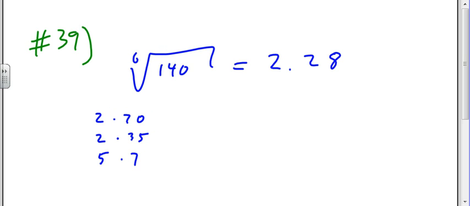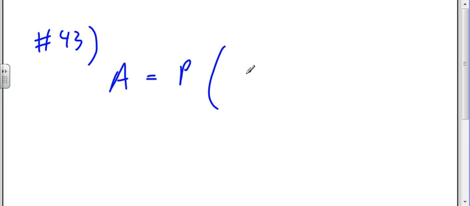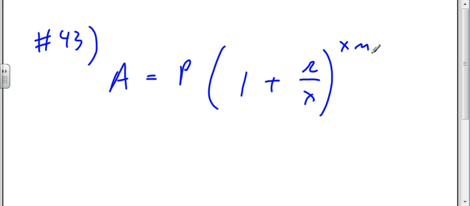Right. Number 43. We have a formula for compound interest. So the amount of money I have is the amount of money I used to have, times 1 plus the rate divided by the number of times I do it per year, raised to the power n times t, n being the number of times per year and t the number of years that I do it.